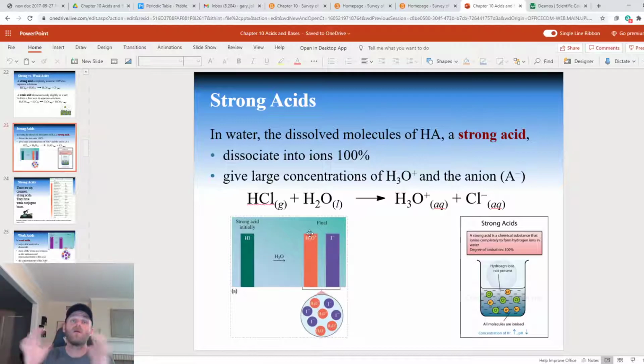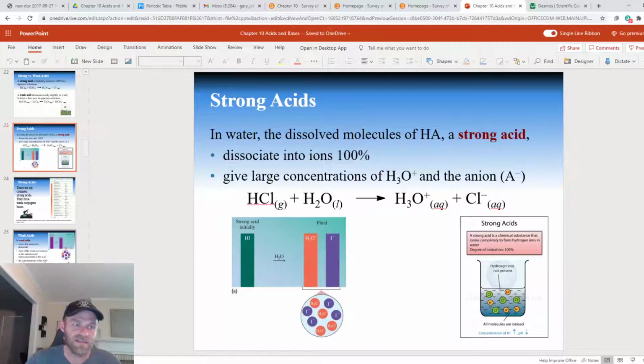That means all of the HA has broken in two. And so now I have the same number of H pluses and the same number of I's as I did of HI together, right? It was one piece and then I broke it apart. Now I have two pieces, but it's the same amount of each. So that's why that bar shows they're the same height.